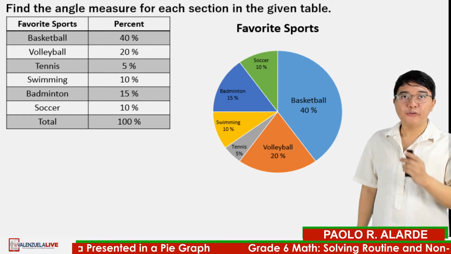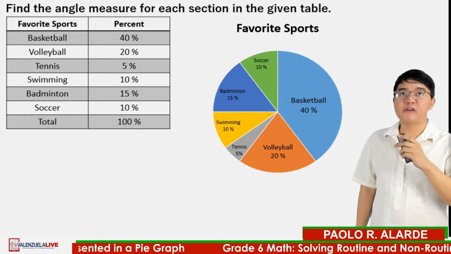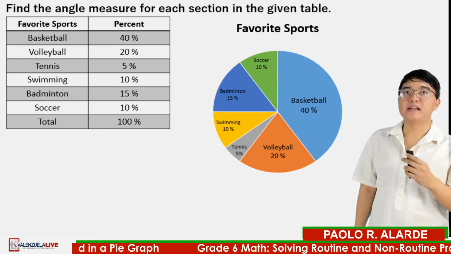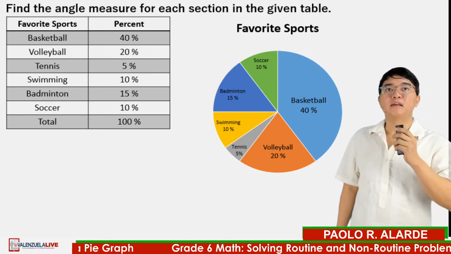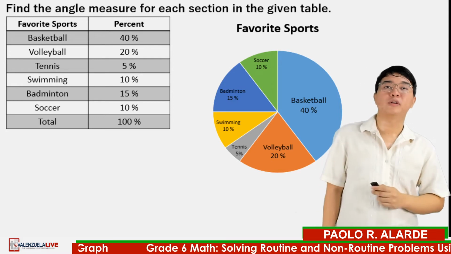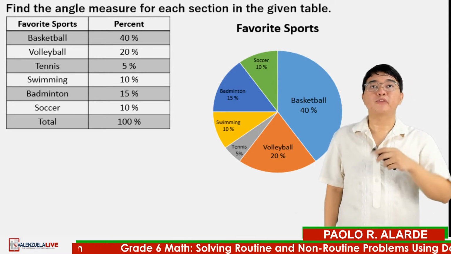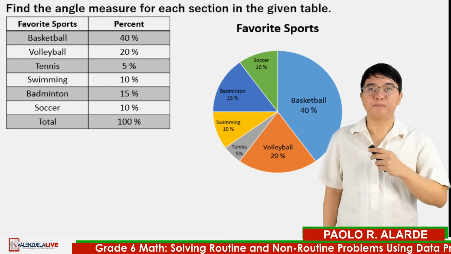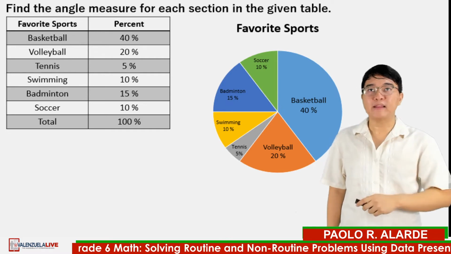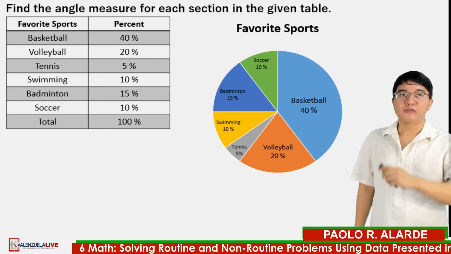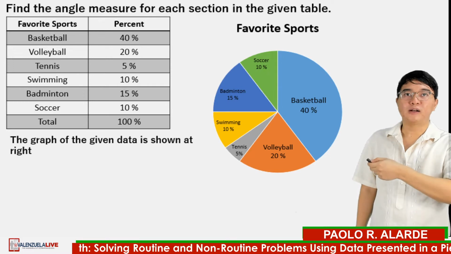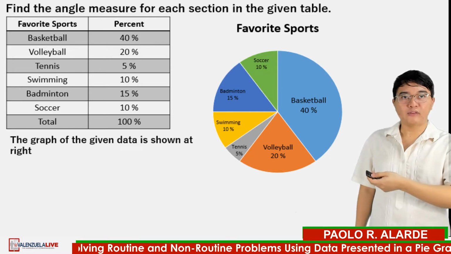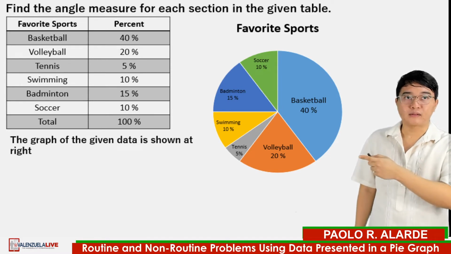Okay, so the first column has the favorite sports, and the second column has the percent for each category. Okay, so the graph of the given data is also shown at the right.